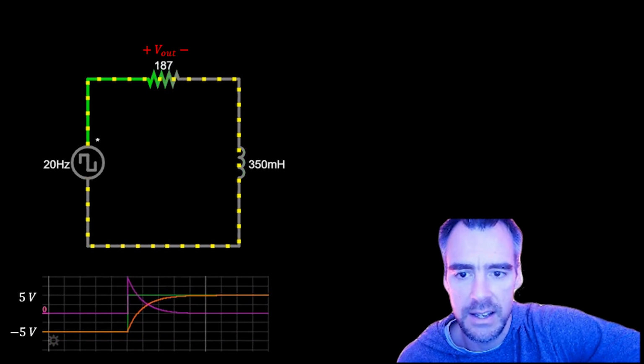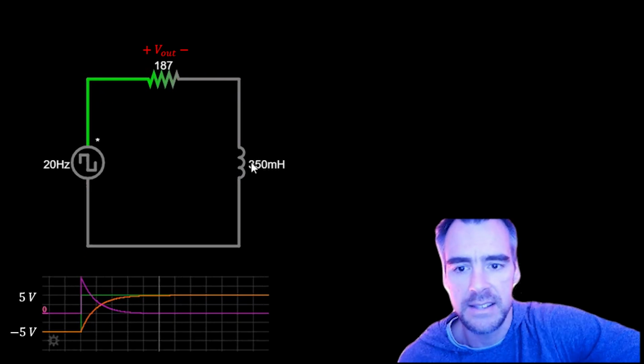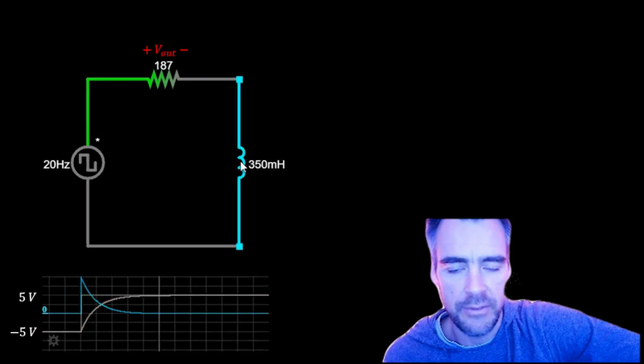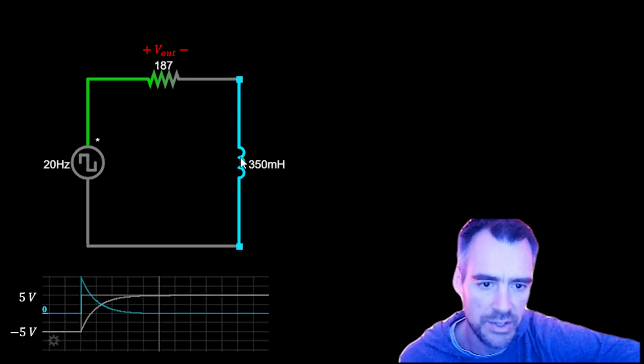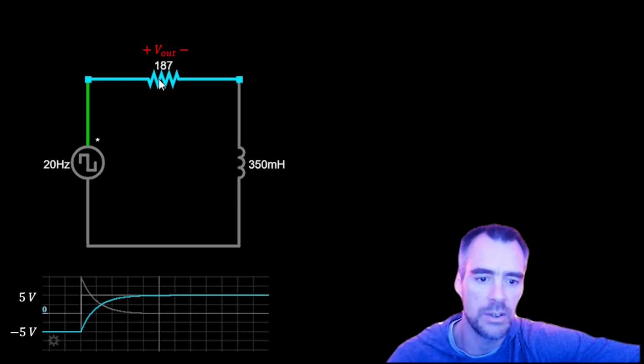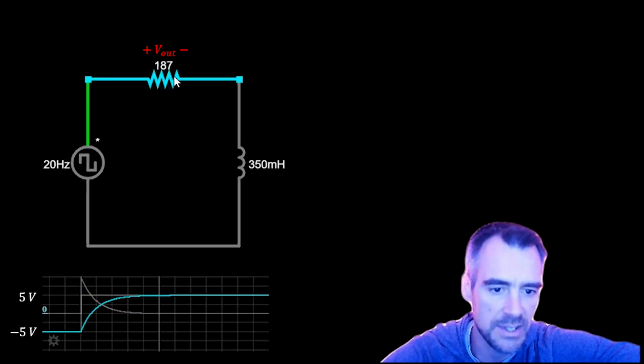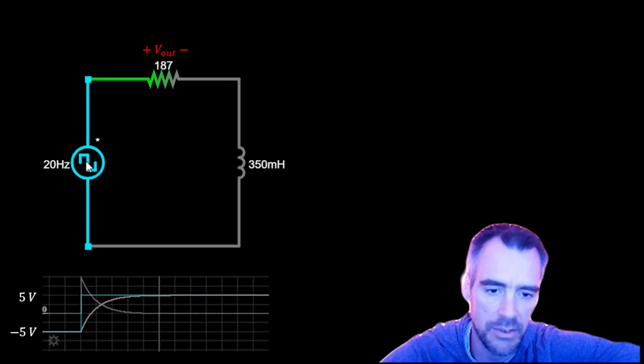So this is the response at 20 hertz. You can see in general that as the voltage across my inductor trends towards 0 either way, the voltage across my resistor is going to tend to match, when sufficient time has passed, whatever the voltage is across our source.